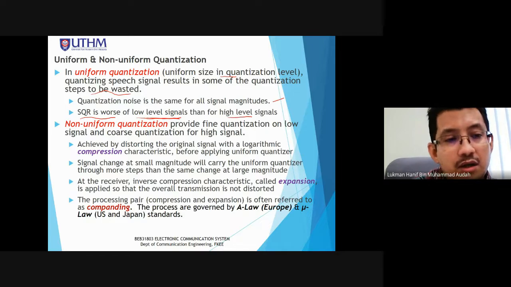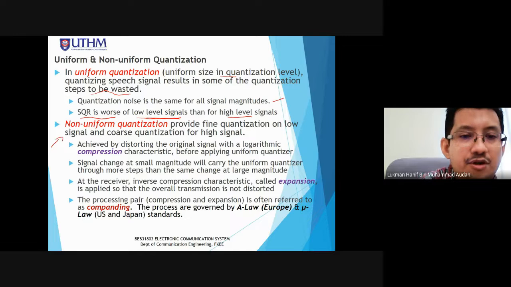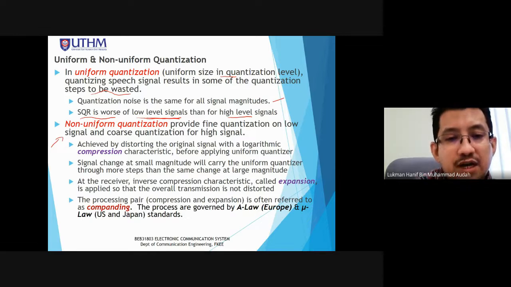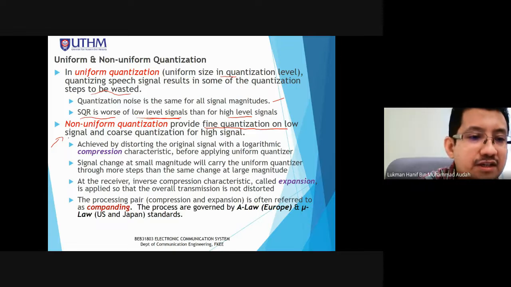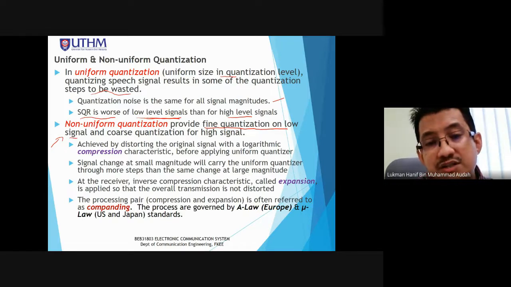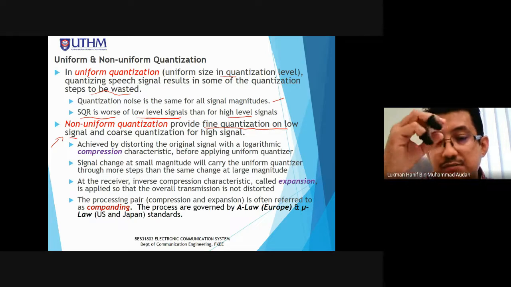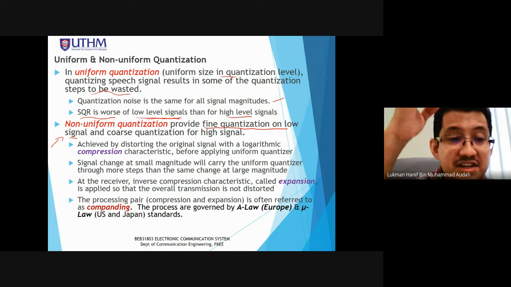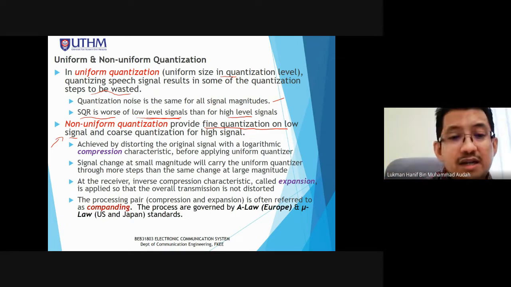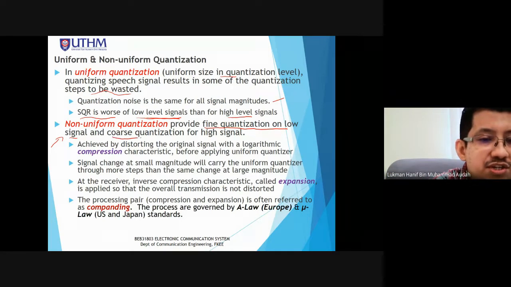Non-uniform quantization provides fine quantization on low signal. Fine quantization bermaksud level of quantization itu semakin kecil ataupun level itu semakin banyak, berbanding dengan coarse quantization.